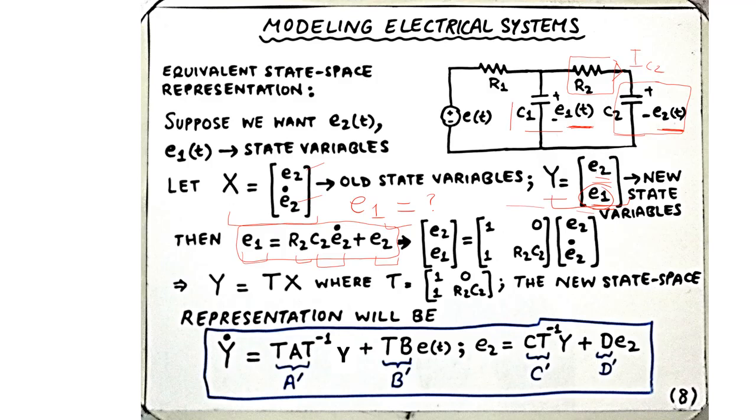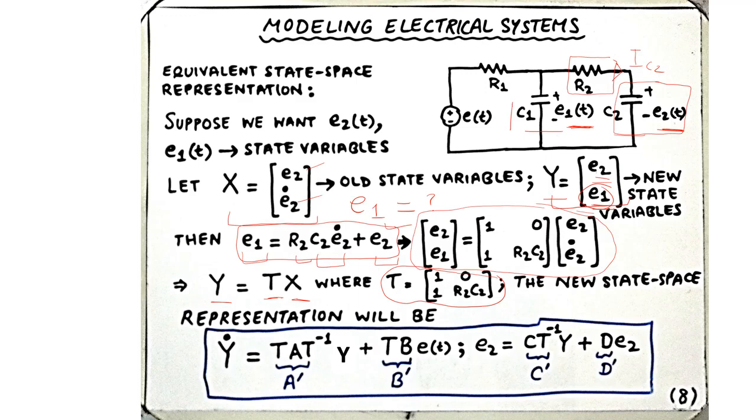We can also convert that transformation into a matrix representation. T relates the new state variable vector with the old state variable vector x, and T in this case is 2 by 2: 1 0, 1 R2C2.